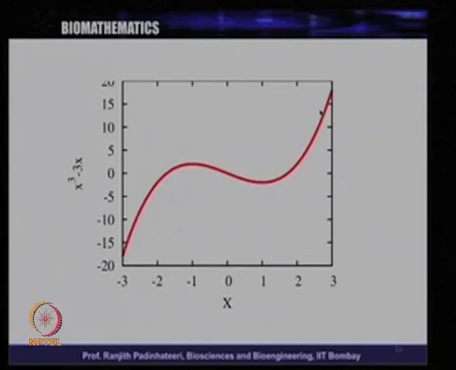Now, we will take one more example and then discuss how we schematically plot this function. Now that we have learned one example, x cubed minus 3x, and the protocol for plotting it, we should take another example.